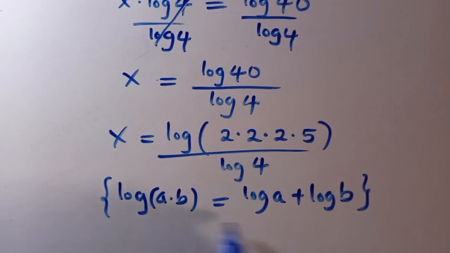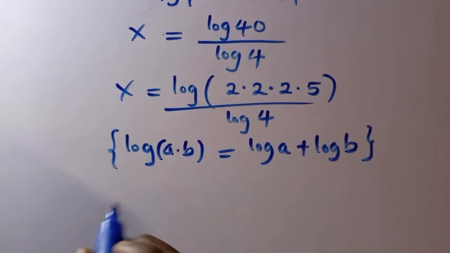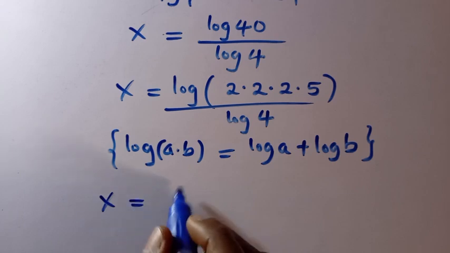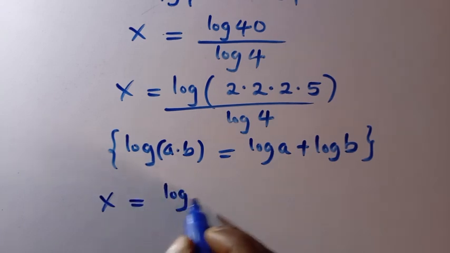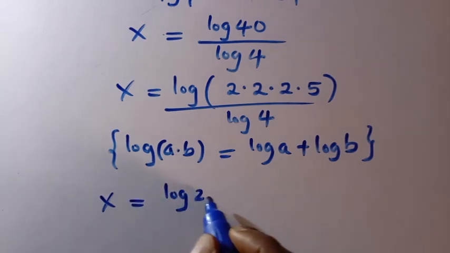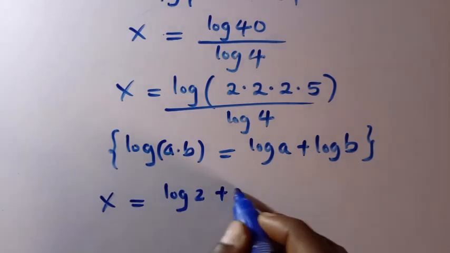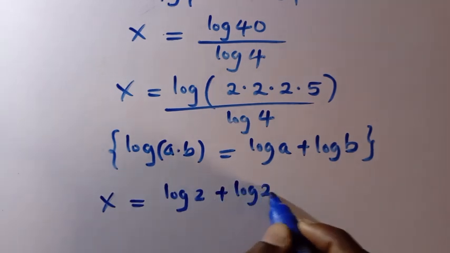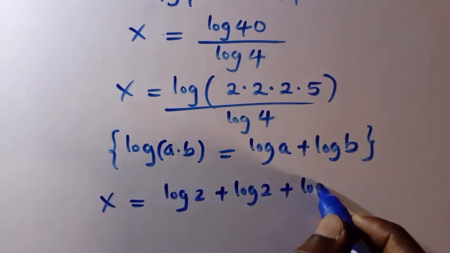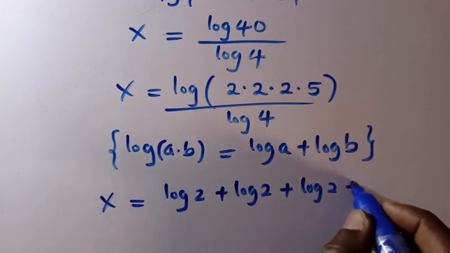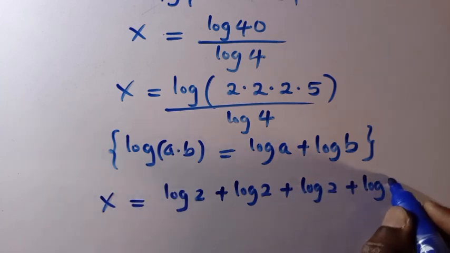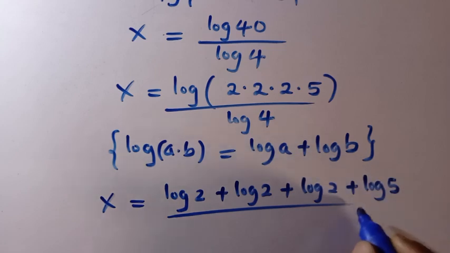So when we apply this rule in this line, what we have here is x equals log 2 plus log 2 plus log 2 plus log 5 divided by log 4.